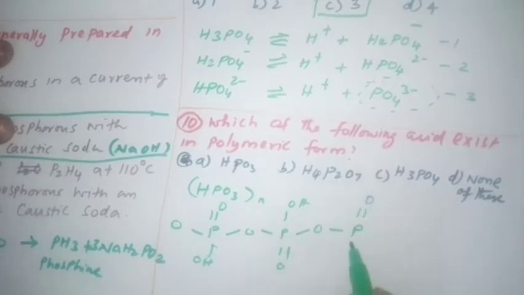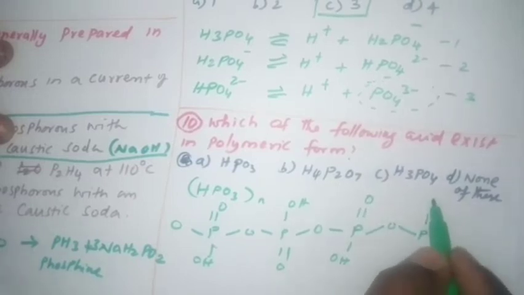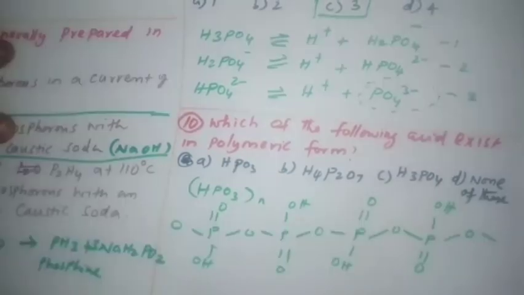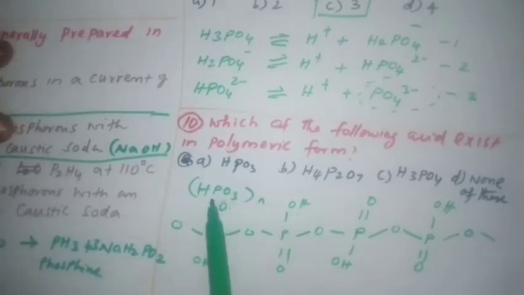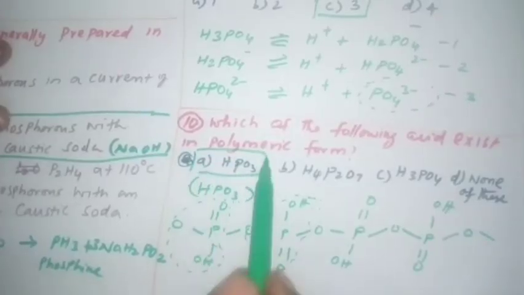Here double bond, then here OH, then again oxygen, then it can repeat P, OH, then the double bond and single bond. So like that it will go as a chain. See, the repeated unit is HPO3. Okay, so option A is the right answer for the given question.